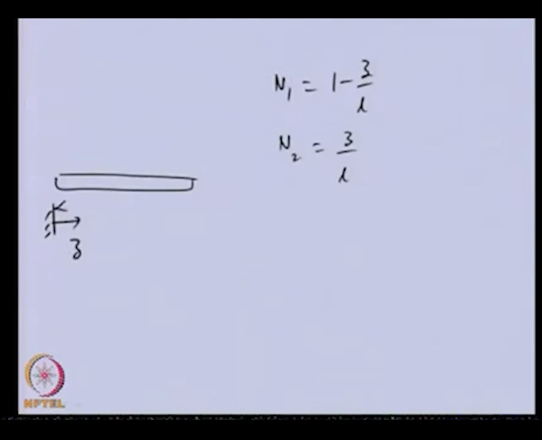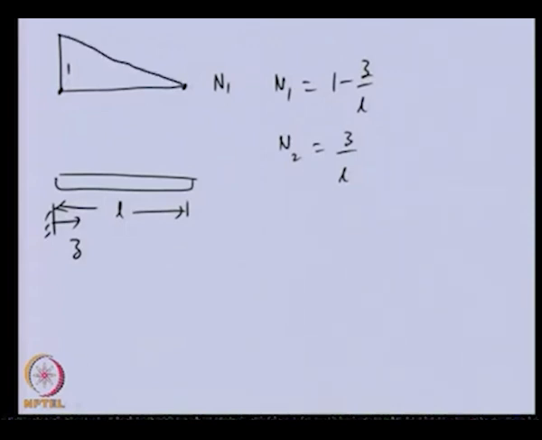N1 is 1 minus z by L and N2 is z by L. Consider the element having this axis, with total length L. If we want to plot N1, at z equal to 0, which is this location, the value of N1 is 1, and at z equal to L this quantity becomes 0, and it varies linearly in between.